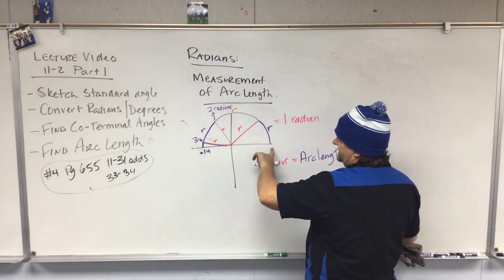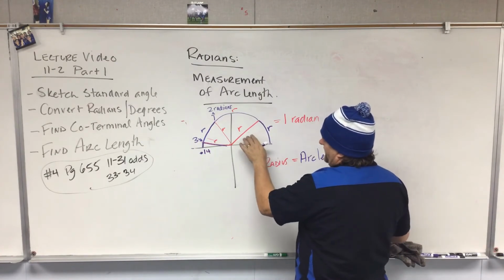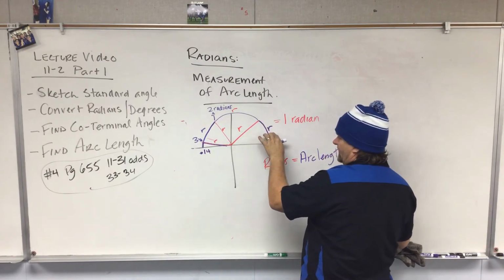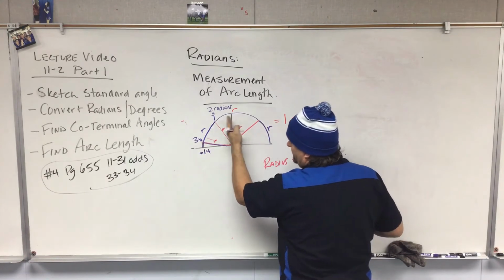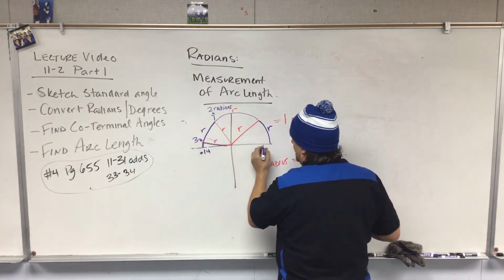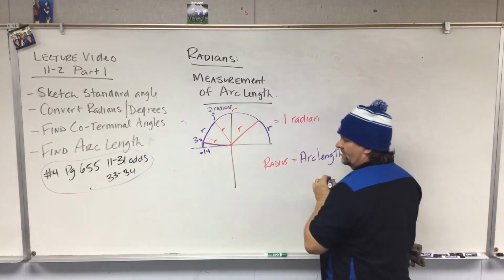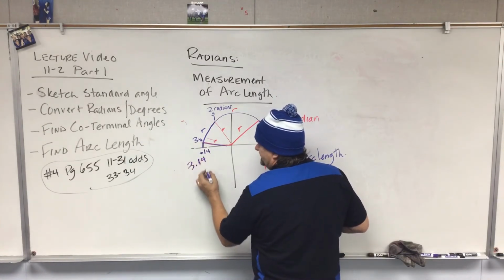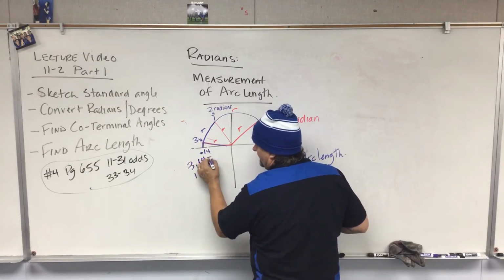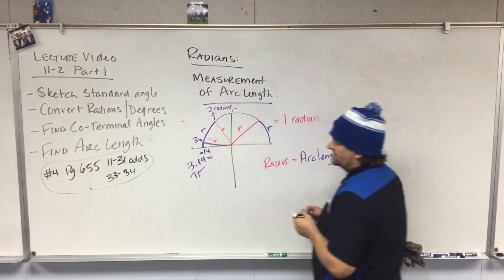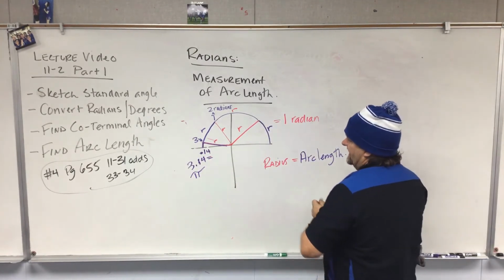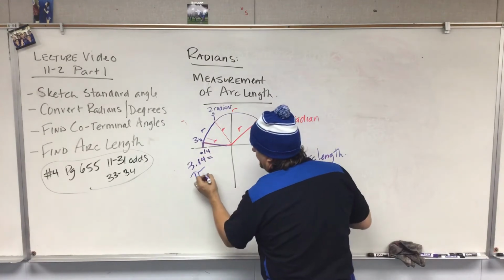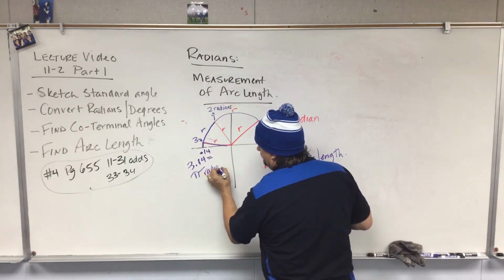So what happens is that when the radius equals the arc length and you do that 3.14 times, you end up all the way around the circle. Well, 3.14 is the same as pi. So we always say that in a half circle there are pi radians.